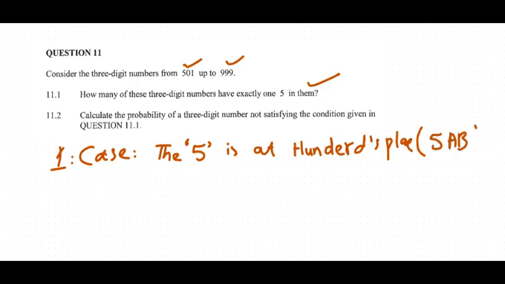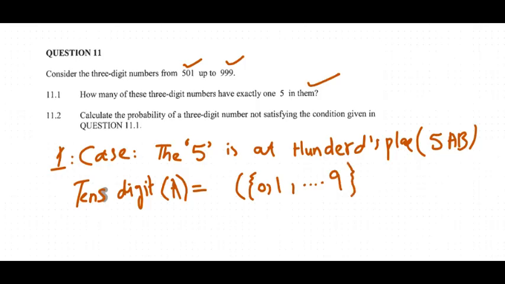So the hundreds digit is fixed as 5, one way. Since we need exactly one 5, the tens digit A and the units digit B cannot be 5. The tens digit A has 10 digits total, 0 1 up to 9, so excluding 5, there are 9 possibilities.